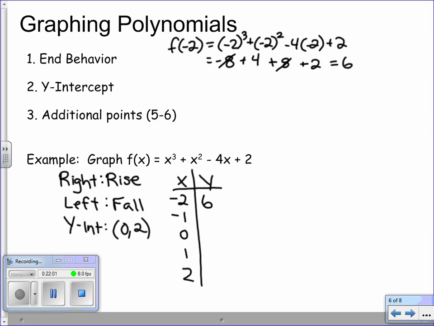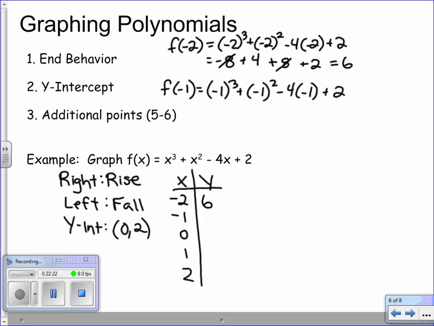I'm going to do the same thing for -1. So f of -1 is equal to -1 cubed plus -1 squared minus 4 times -1 plus 2. I'm going to follow my order of operations and evaluate the polynomial, so I'm doing exponents first.